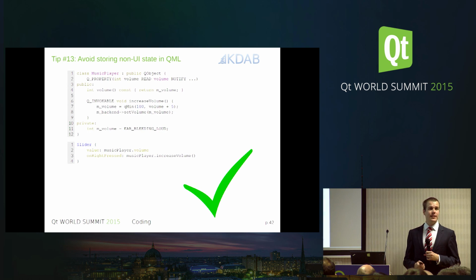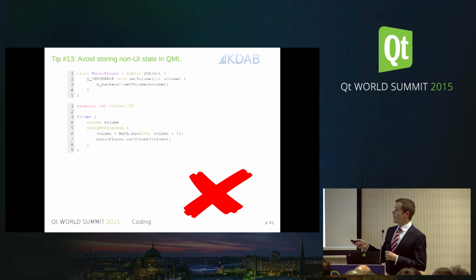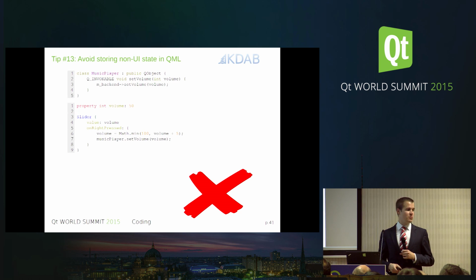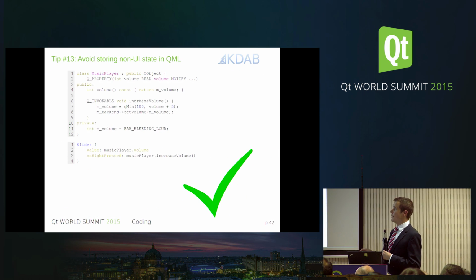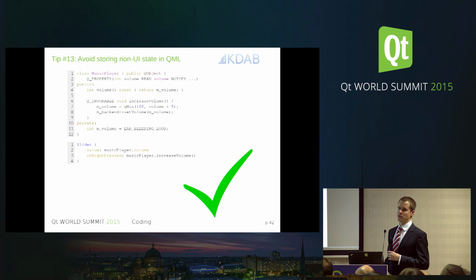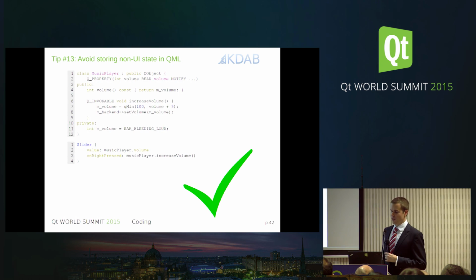One thing that will automatically happen, you might have noticed, when I change the state in QML, I need to have some business logic that has some decisions about what the new value should be. And when you move the value itself into C++, the business logic automatically moves to C++ as well, which is also an advantage. It's also much easier.